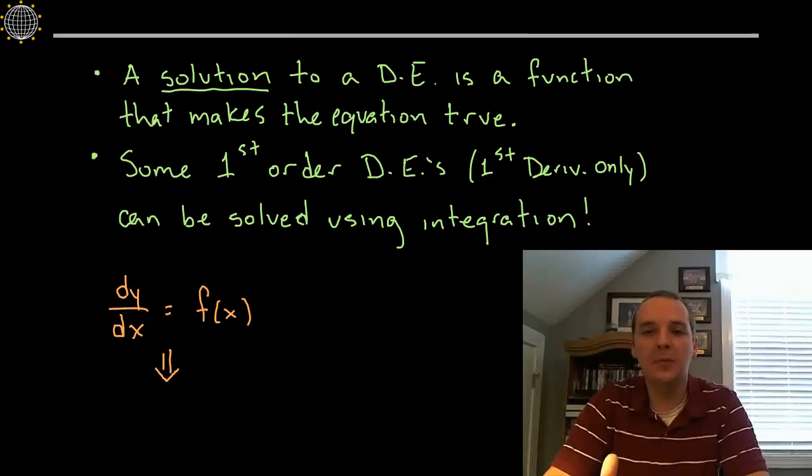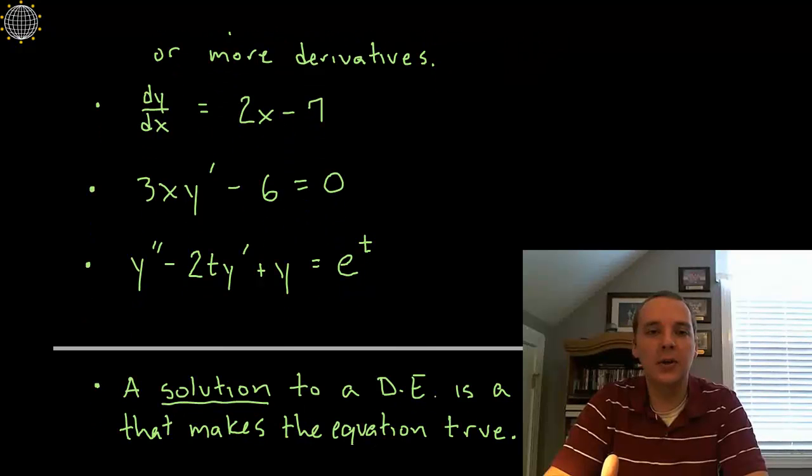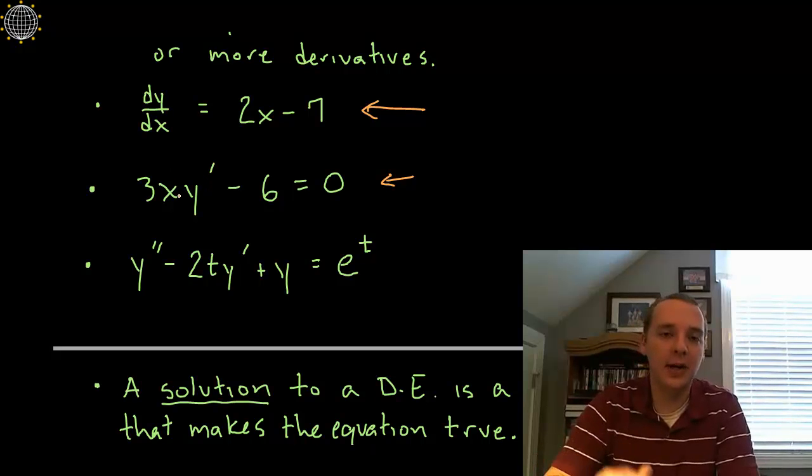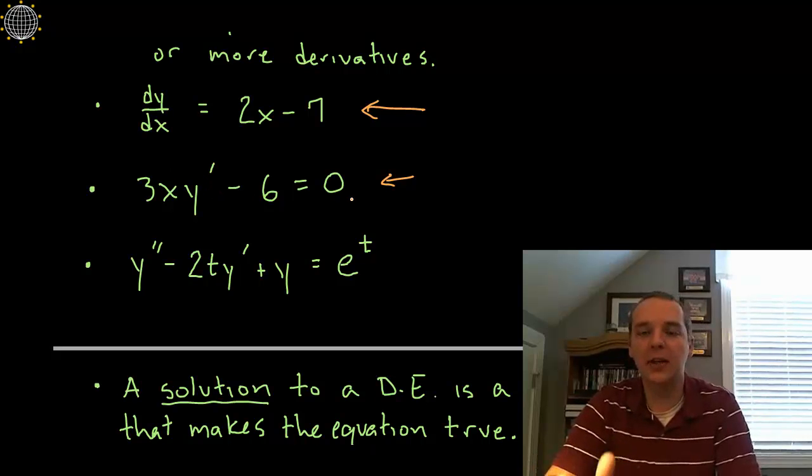So, for example, in the first equation we have some function that if you took its derivative with respect to x, its derivative would be 2x minus 7. For the second equation, it would be some function if you took its derivative times 3x and subtracted 6 from that, you would get 0.